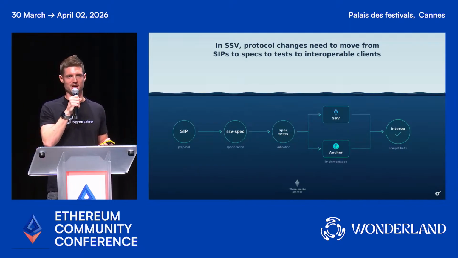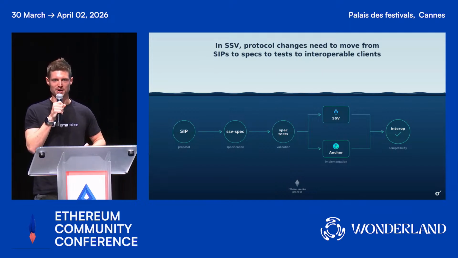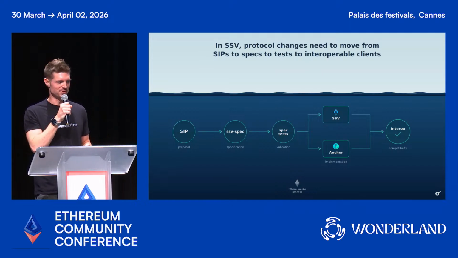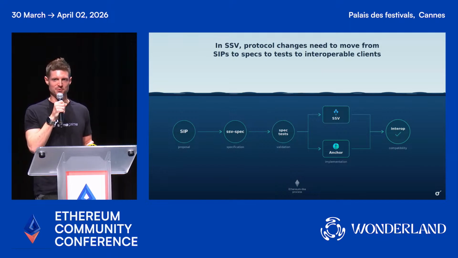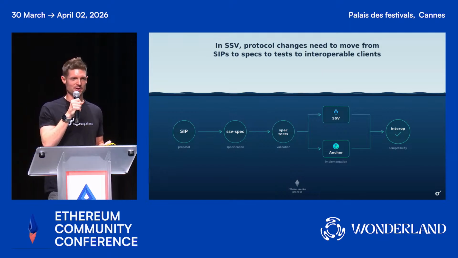Here we outline the normal flow of how we implement that shared protocol surface. If we want to have some change in the SSV world, we will first create an SIP for it. If it gets agreed upon, it'll move over to becoming an SSV spec, where we'll implement the core behavior that these multiple clients will have to implement.